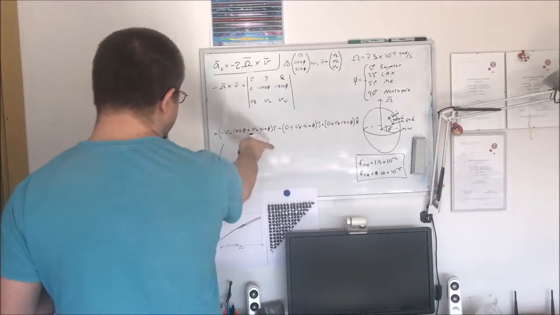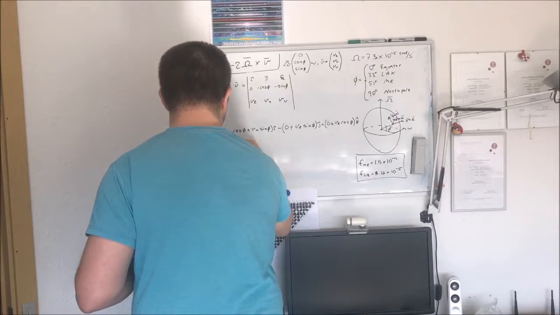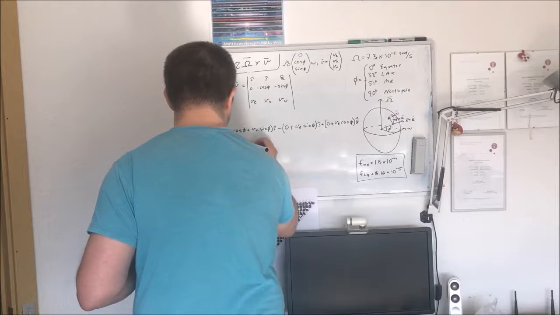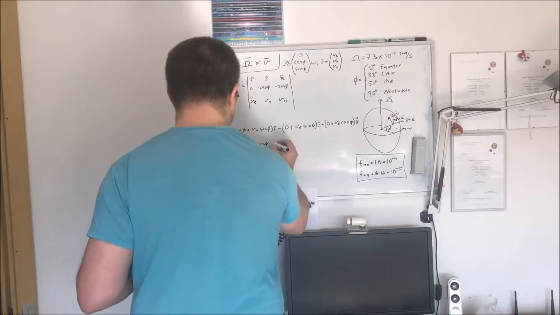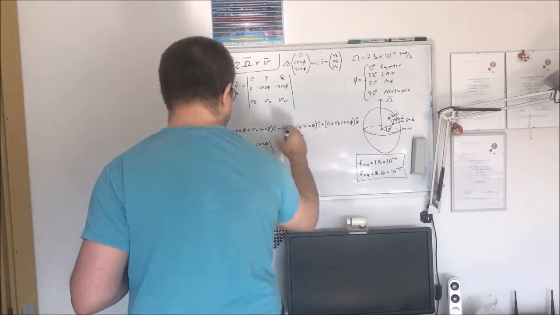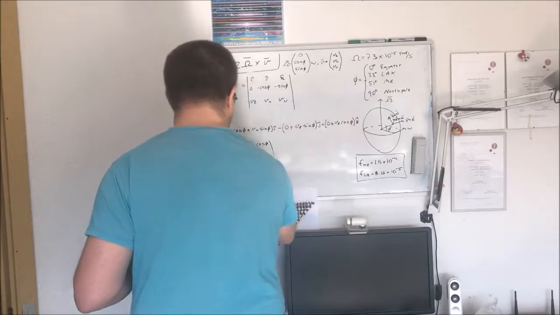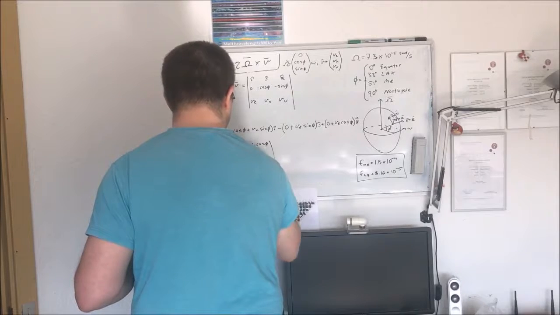I'm going to rearrange this so it becomes Vn times sine phi minus Vu times cosine phi. I can do that, that doesn't matter. Then I get over here plus, but I have a minus here, so I get minus Ve times sine phi.